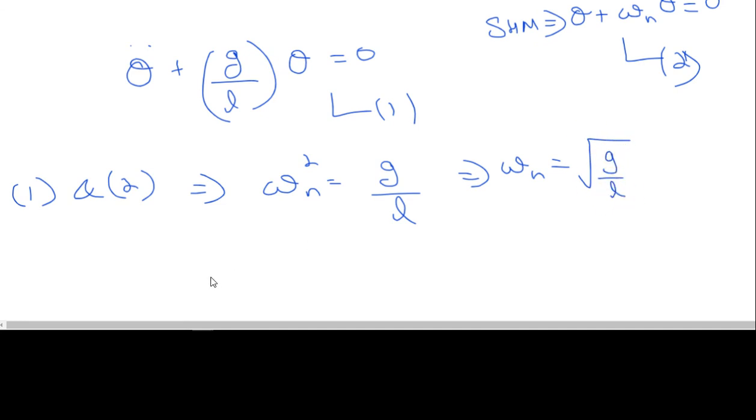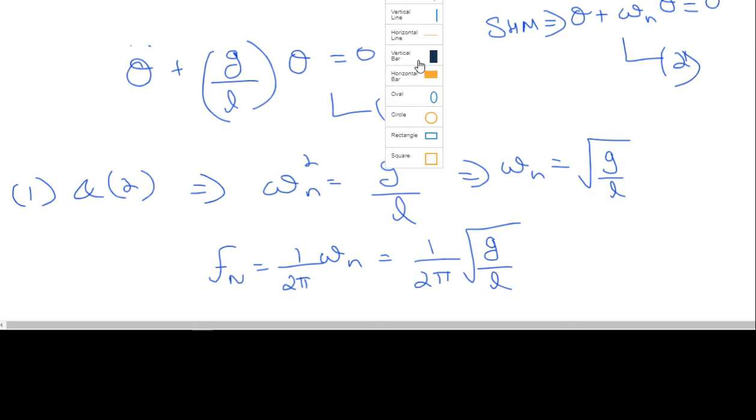So the natural frequency fn will be 1 by 2 pi times omega n, that is 1 by 2 pi times root of g by l, which is the natural frequency of a pendulum.